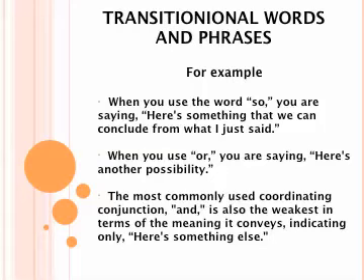When you use the word or, you are saying, here's another possibility. The most commonly used coordinating conjunction, and, is also the weakest in terms of the meaning it conveys, indicating here's something else. Okay? So or are much more powerful than the word and.